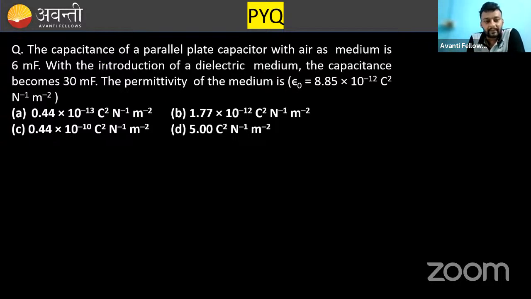Another question. The question says the capacitance of a parallel plate capacitor with air as medium is 6 millifarad. So capacitance with air is 6 millifarad. Next, with the introduction of a dielectric medium, the capacitance becomes 30 millifarad.